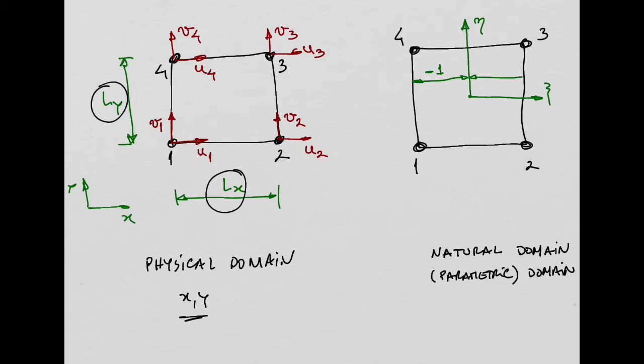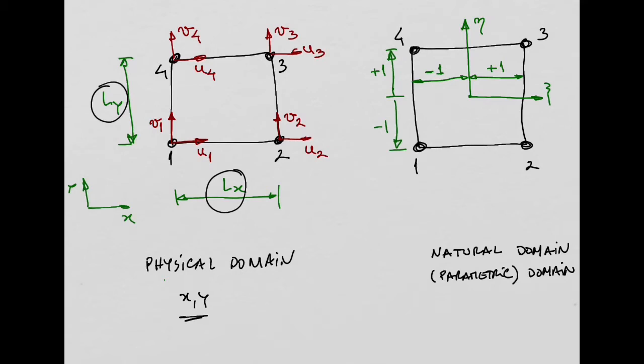From here to here is +1. So this is in the xi direction. For the eta direction, this distance from here to here is +1, while from here to here is -1. Okay? So in this natural domain, the element will always have these dimensions.